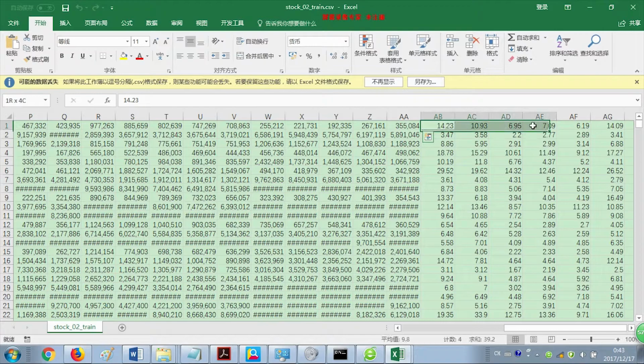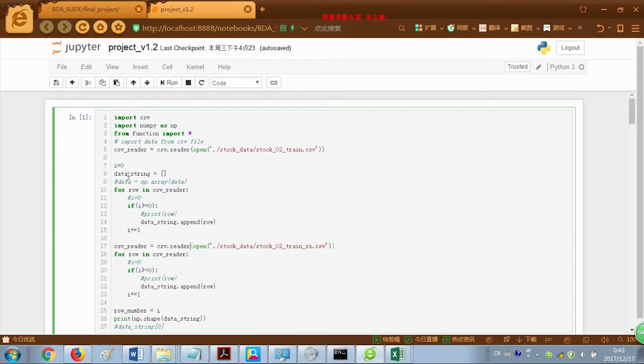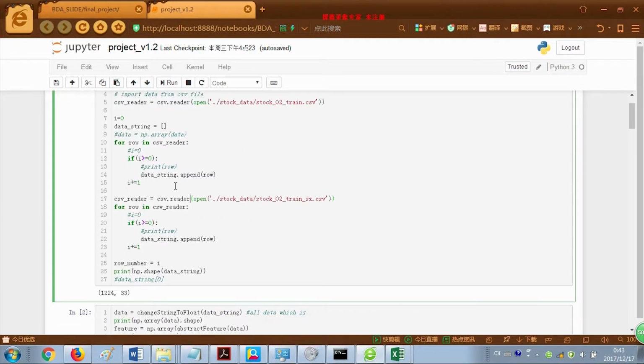In the final six columns, we could find from AB to AF, this is the price of a stock from 2011 to 2015, and in the final column, this is the price of that stock in the year 2016.